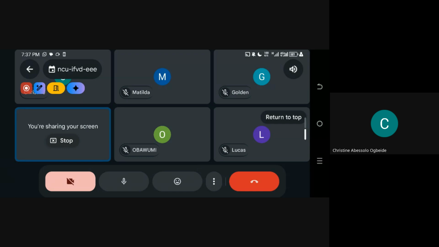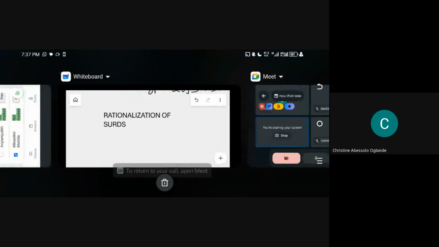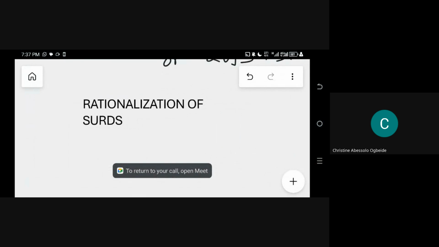Christine, it's still up to you. How should a surd look before we decide to rationalize such surd? The square root in the denominator. When the square root is at the denominator.